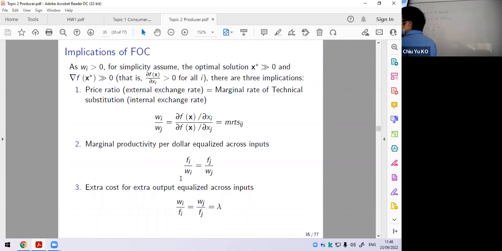Fi more, right? The marginal product. So you multiply: if I spend $1 on input i, I get Fi over Wi more output, right? So if I give you $1 more, you would be indifferent about spending it on any input. Is that clear?